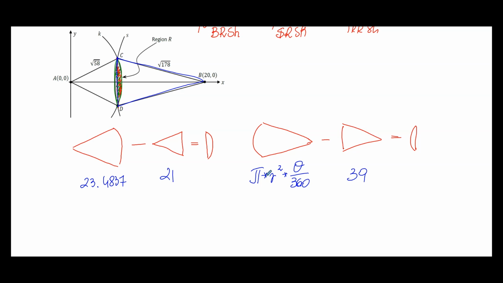And there it is, our equation. So let's build that. So 23.4837 minus 21. So that will be one part, plus, and now the other part. So let's replace those letters. Pi multiplied by the radius of this, the big circle, which is what?